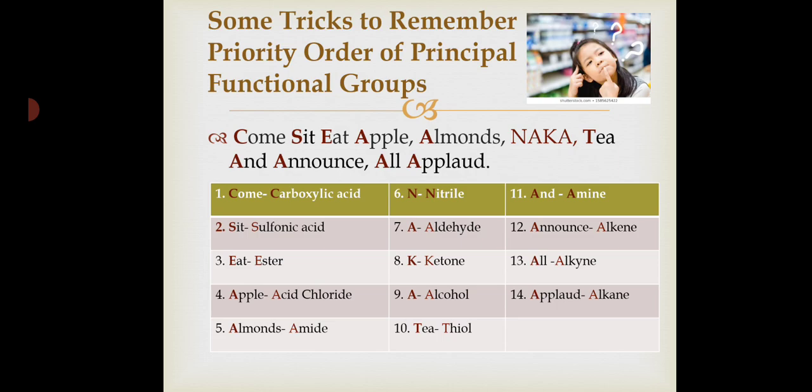So you see, in the previous example I was telling that carboxylic acid will get preference over nitrile. So it is same. See, carboxylic acid is at 1 position, whereas nitrile is at 6 position. So when carboxylic acid and nitrile are there in the same compound, carboxylic acid gets preference while numbering, followed by nitrile.